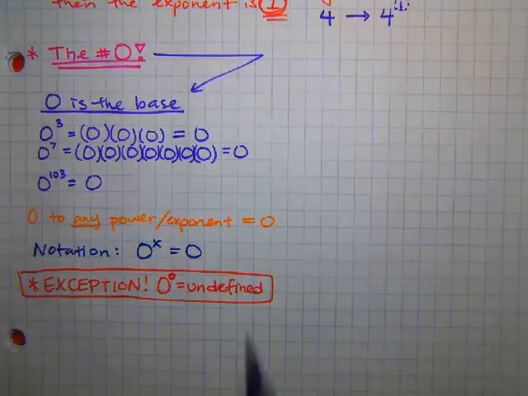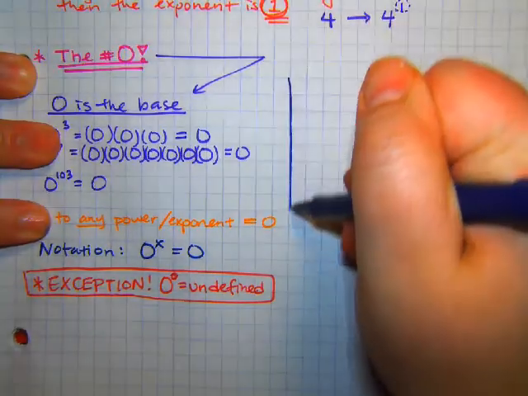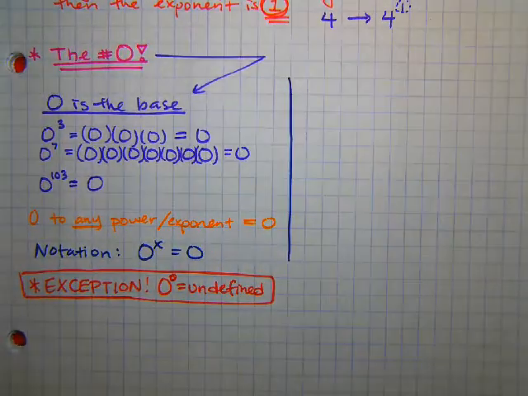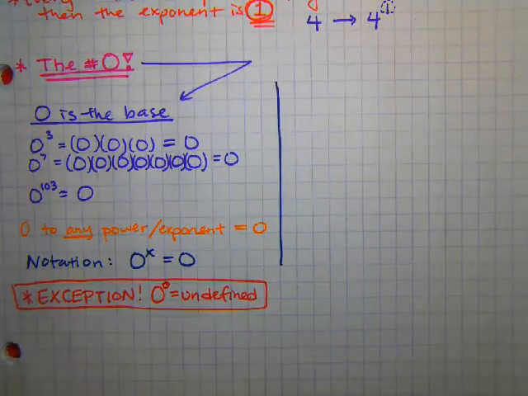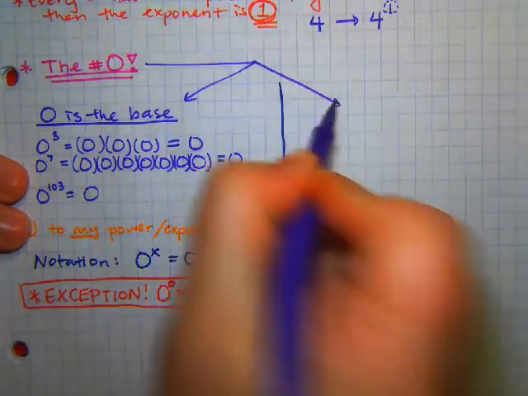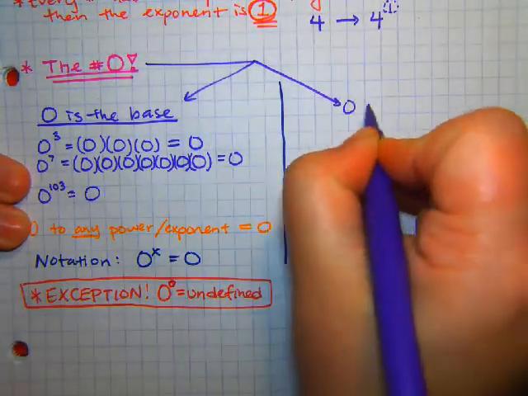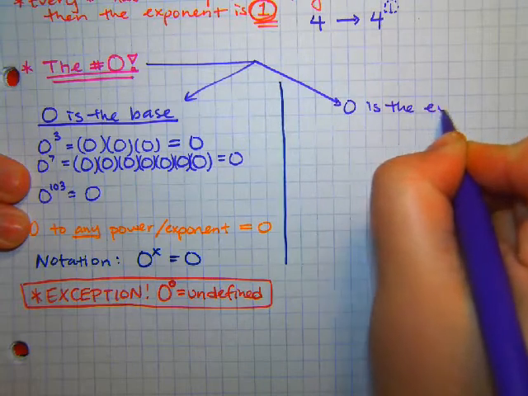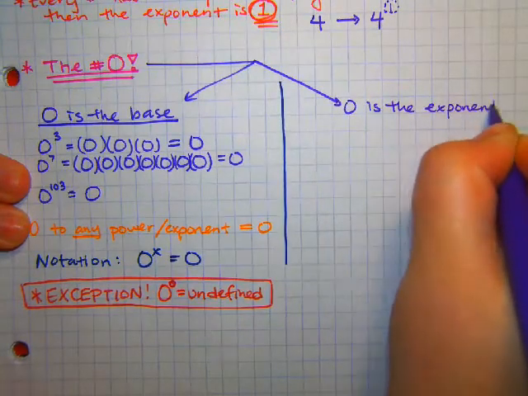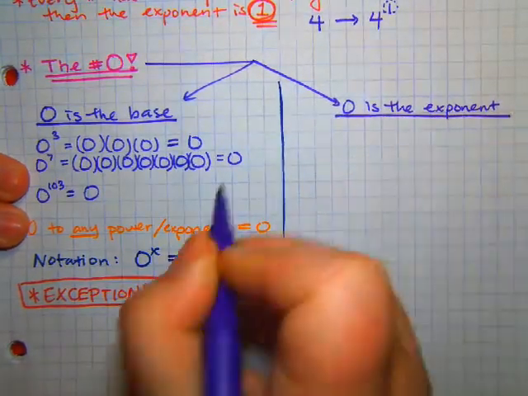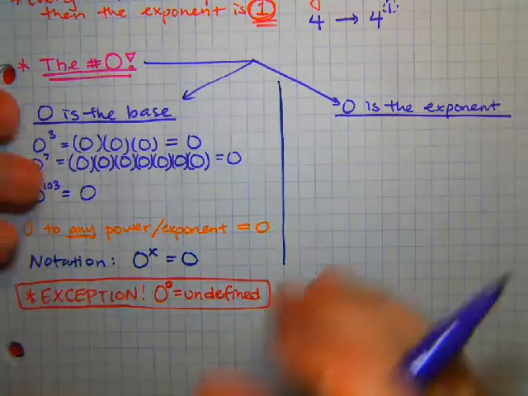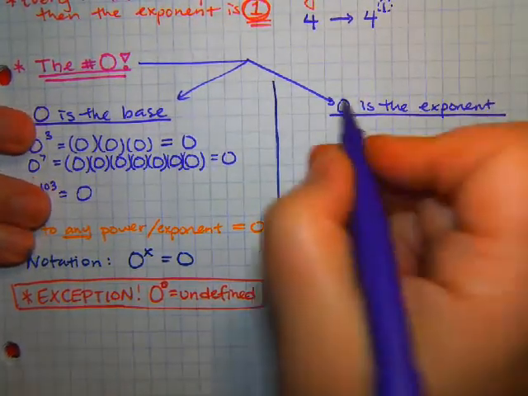Okay, now let's look at the flip side of that. What happens when 0 is the exponent? Okay, so now the power is 0, or the exponent is 0.